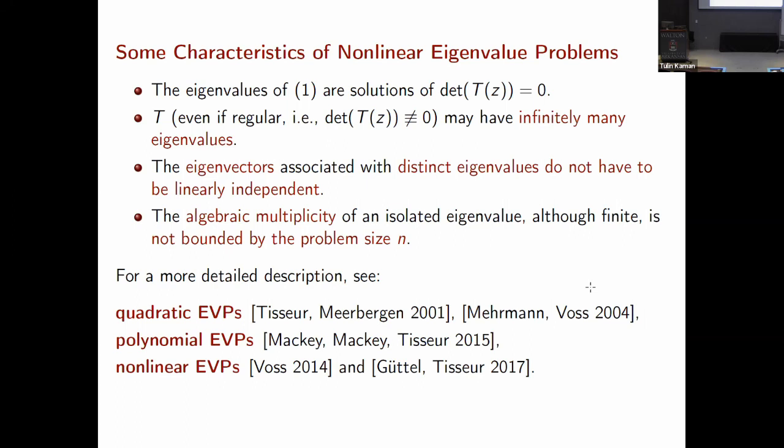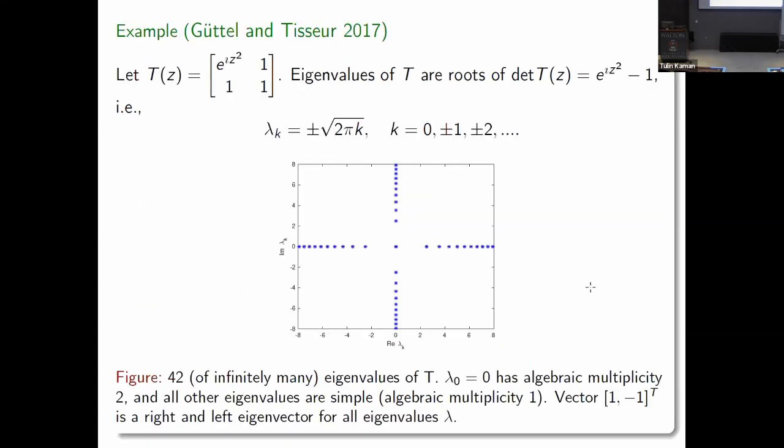And on nonlinear eigenvalue problems, we have the paper by Heinrich Voss from 2014, in the Handbook of Linear Algebra, a whole review chapter about nonlinear eigenvalue problems. And the recent one by Stefan Güttel and Françoise Tisseur in 2017, looking at a lot of what we actually know to date for these problems.